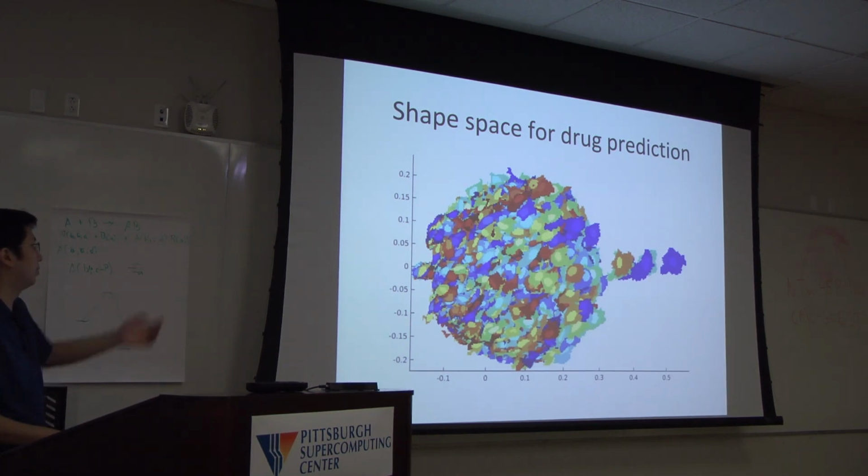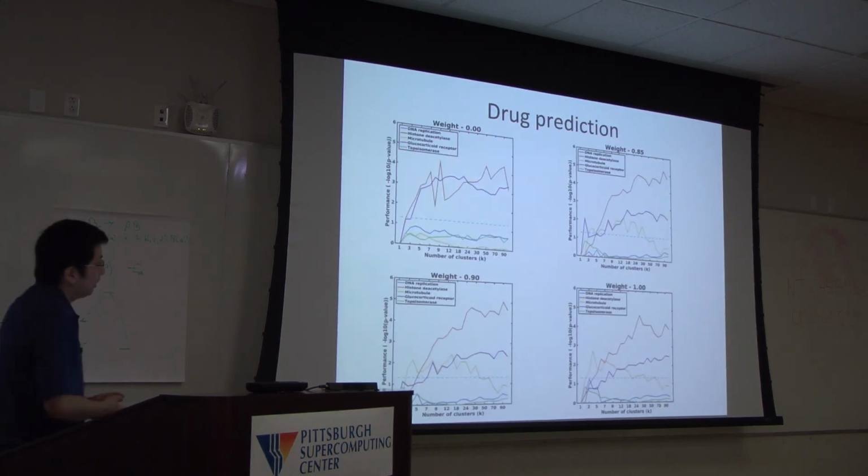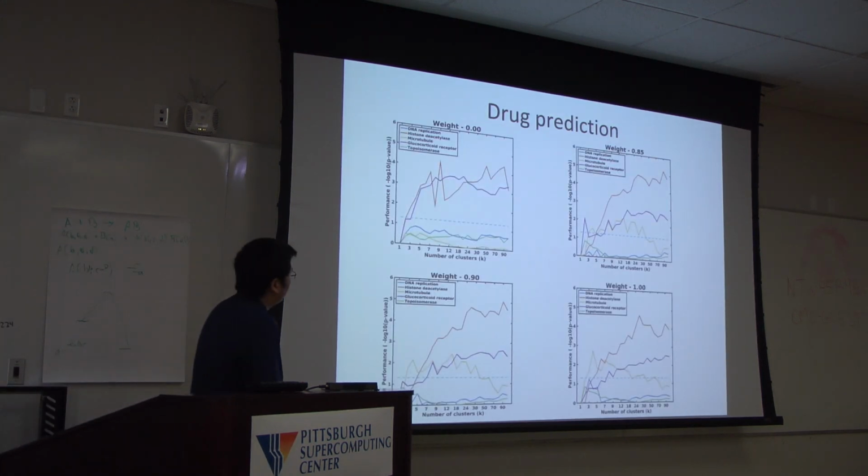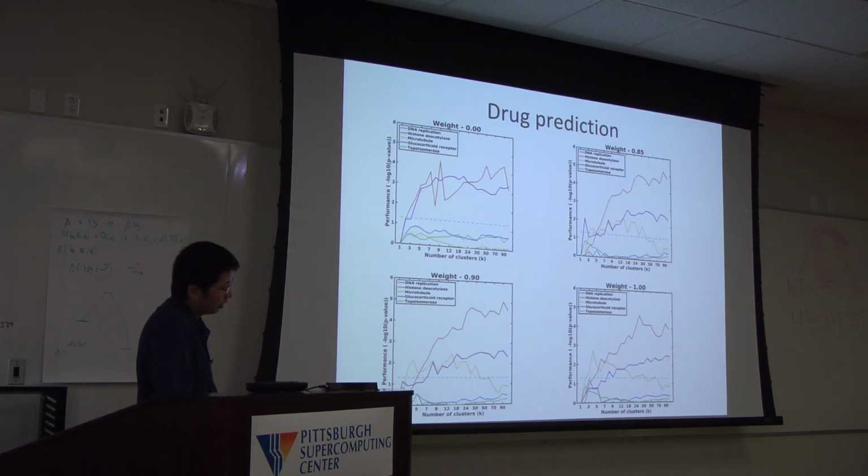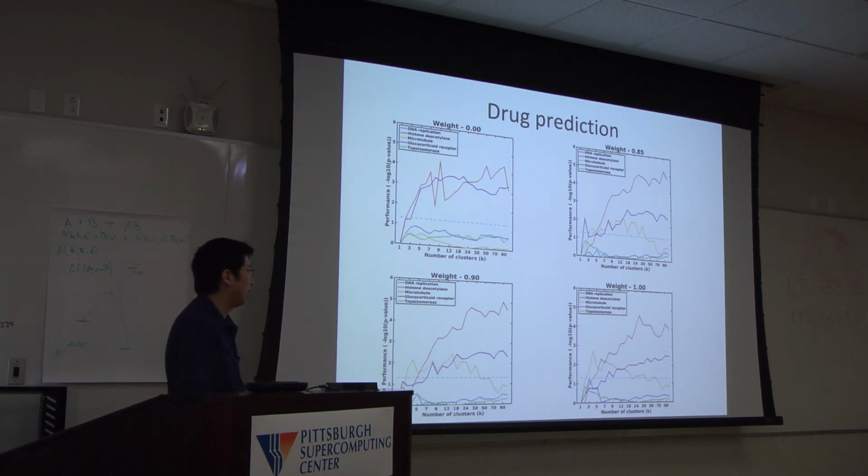Here is the shape space we built. The color just means different cells. We don't assign them to different drugs or anything else. And here are the drug prediction results. We use a linear combination of the feature from their paper and the feature from the diffeomorphic model.